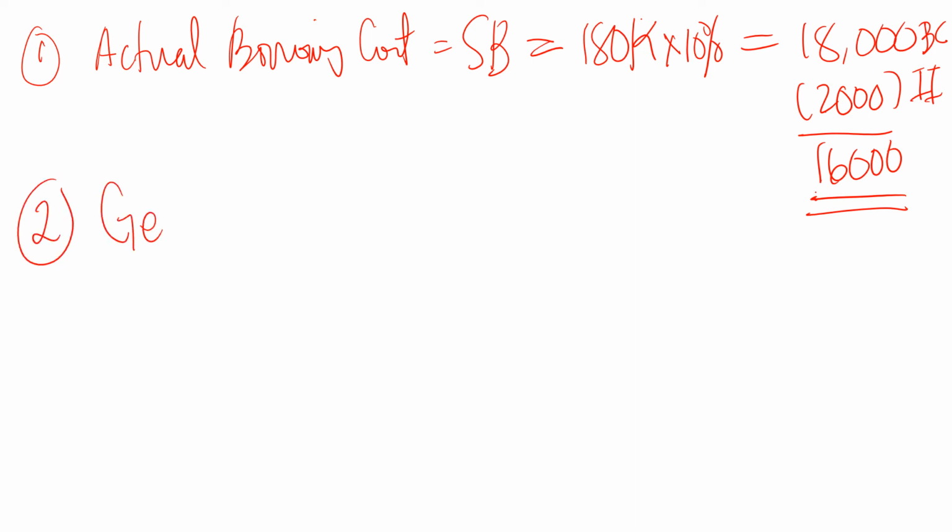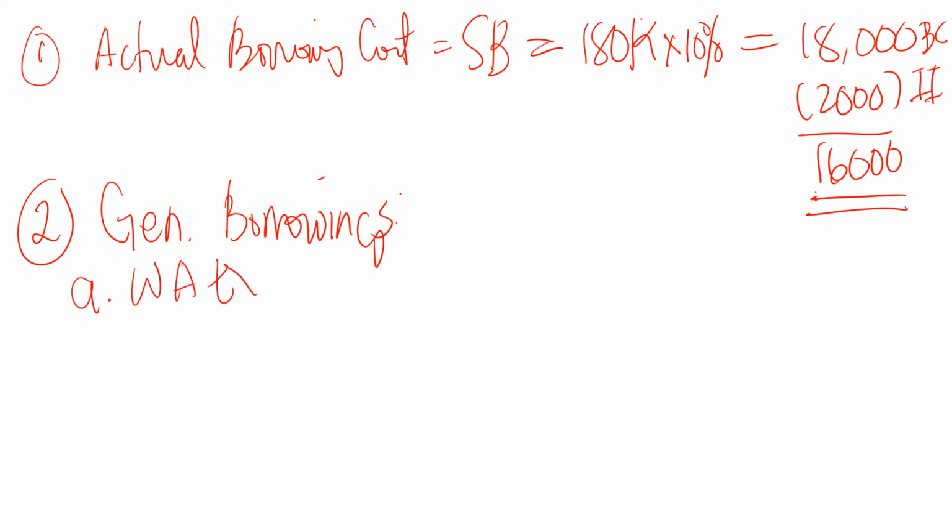Punta naman tayo sa general borrowings. Ang unang gagawin natin, kukunin natin yung weighted average expenditures, di ba? Na-compute na natin kanina. So, this is 300,000.